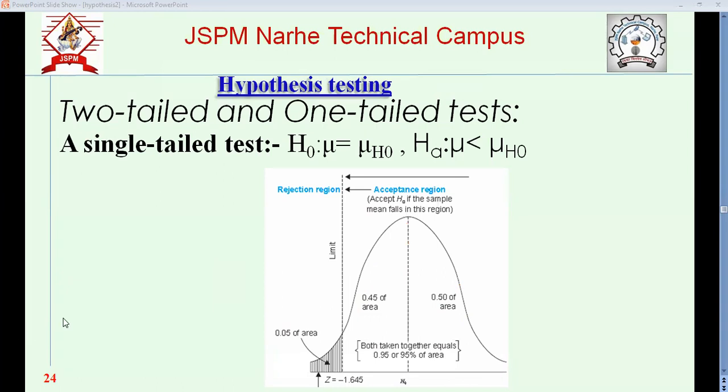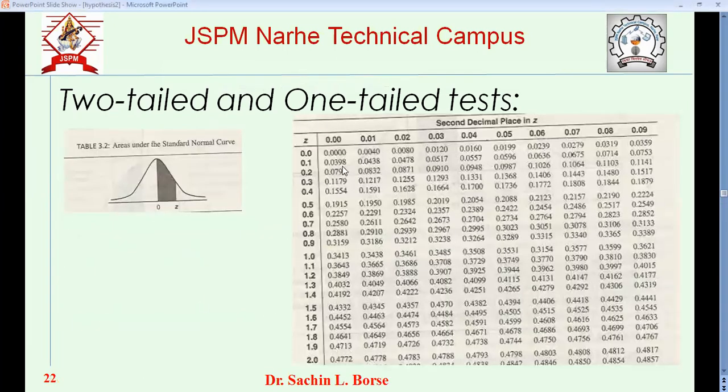So you just go to the table. In the table, where is 0.45? You just search 0.45. So approximately it is coming here, or you can also take this.